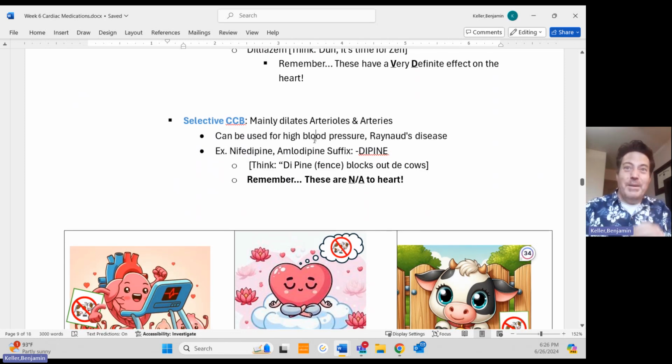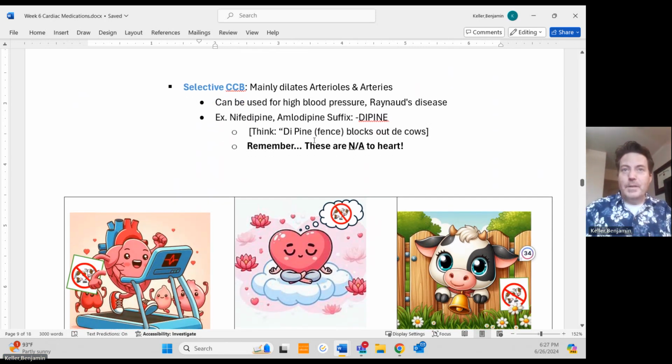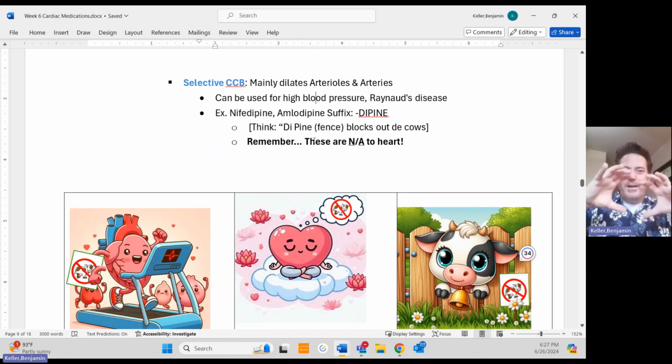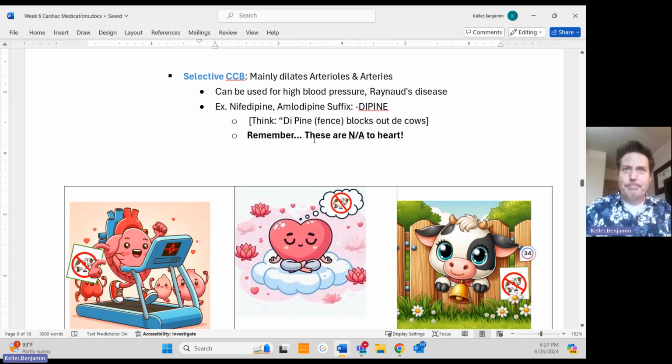So they can be used for things like high blood pressure or maybe Raynaud's disease because it pops those arteries open that are being vasospastic, or you can use them for some angina or chest pain, that type of thing. But it doesn't work on the heart rhythm. That's what we're talking about here. So those end in dipine. So nifedipine, amlodipine, notice the suffix dipine.